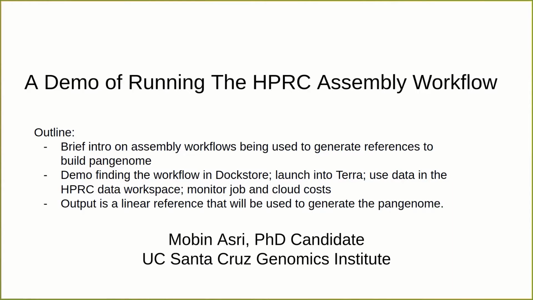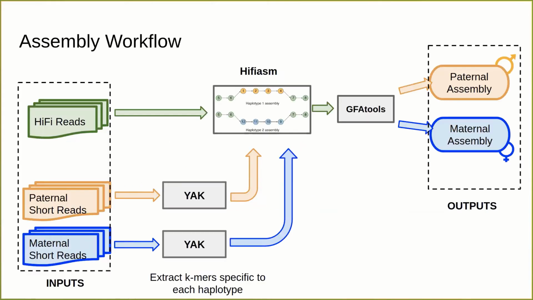But before going through the workflow and Terra, let me give you a brief description of the assembly workflow. Here you can see it. You can see the inputs, the tools that are being called, and the outputs.